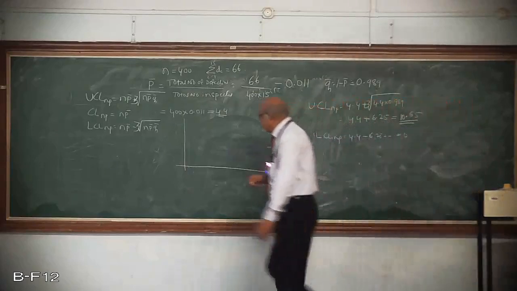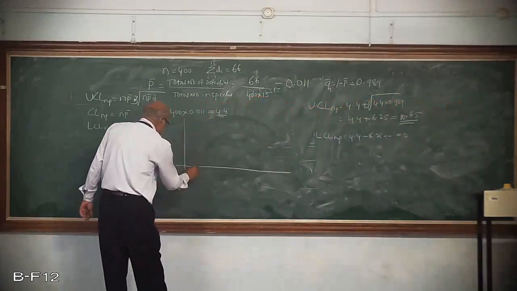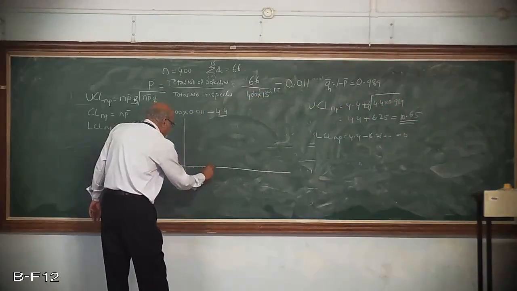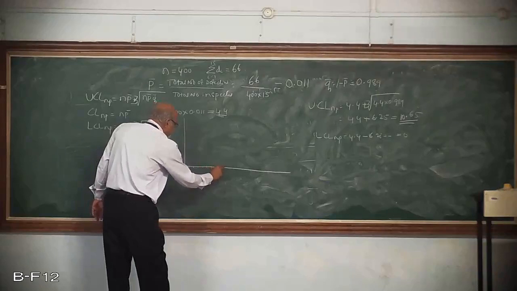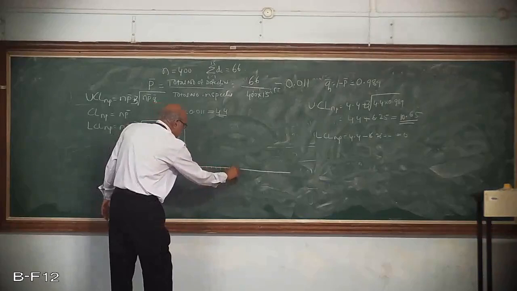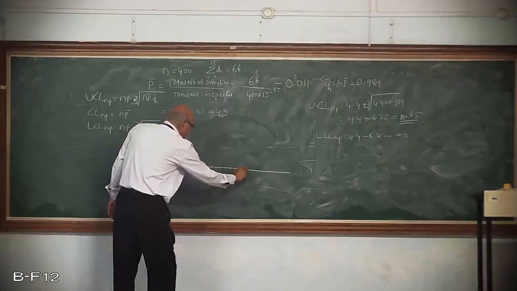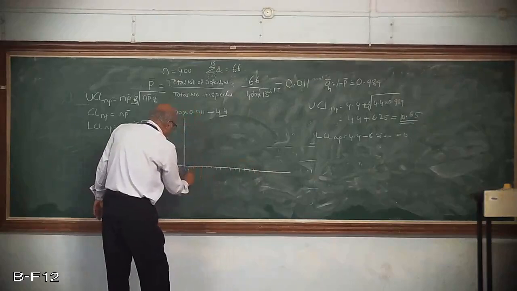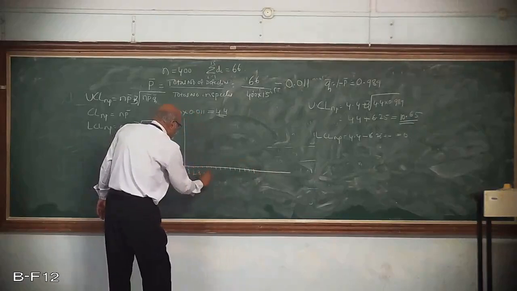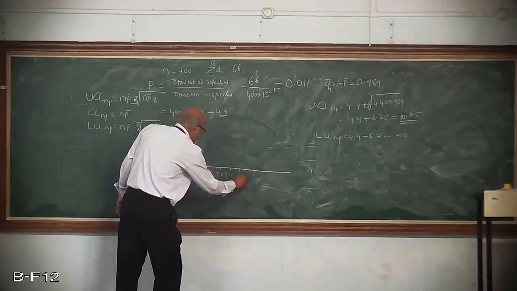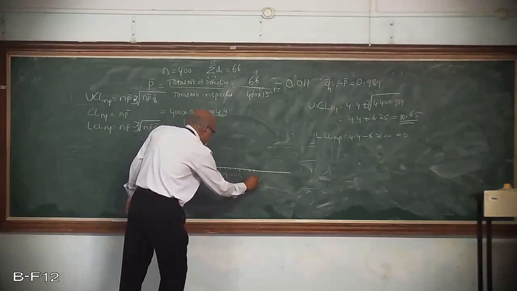So the number of samples are 1, 2, 3, 4, 5, 6, 7, 8, 9, 10, 11, 12, 13, 14, 15. These are the number of samples.